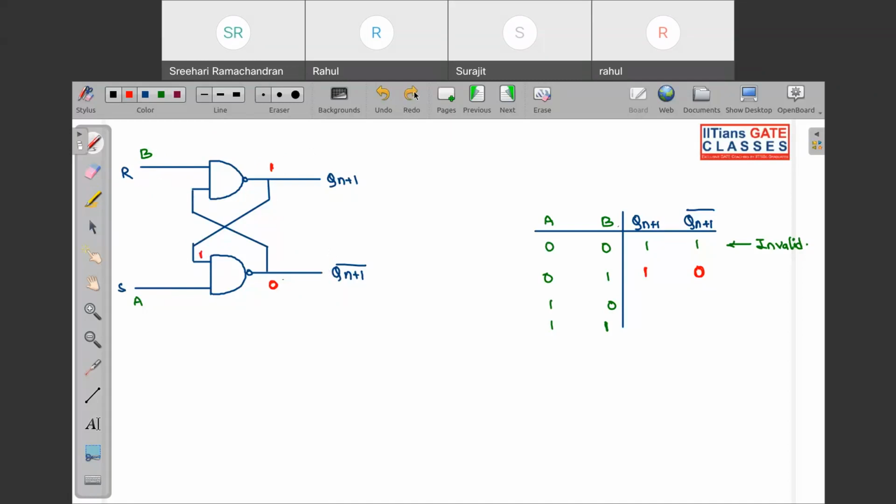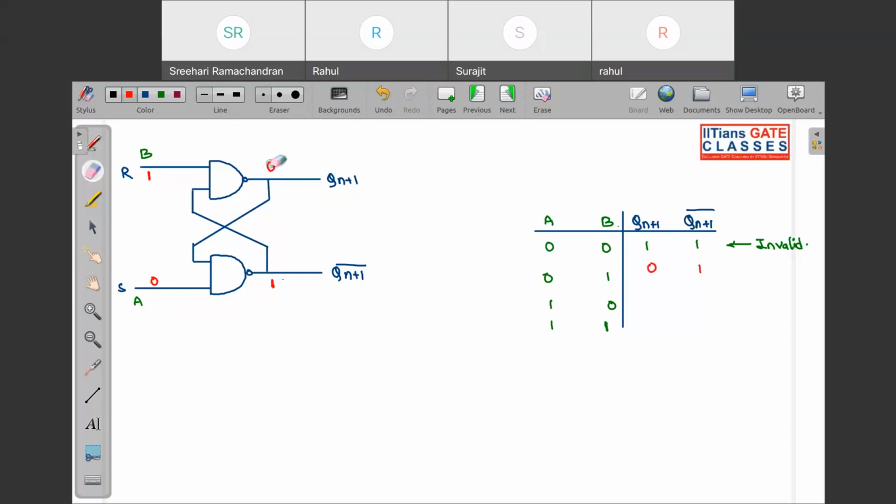Okay, fine. Sorry, here I have made one mistake. A is 0, B is 1, so I had taken the opposite case. When this is 0, this will be 1, so this will be 0. So the normal output is 0 and this is 1.